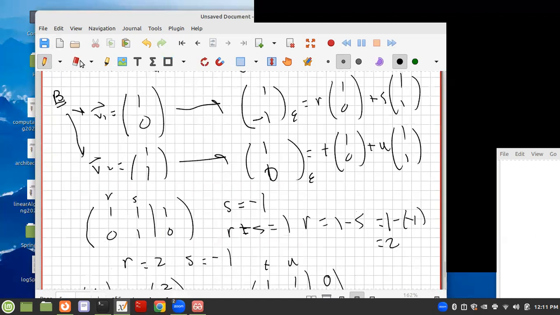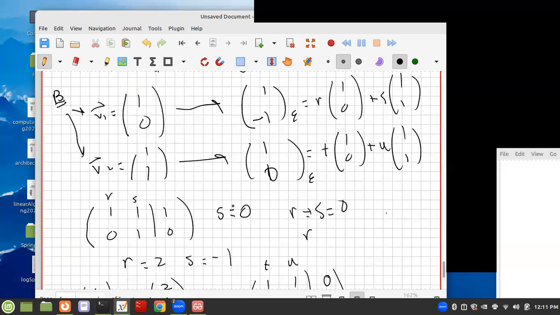Yes, and it does right away. Because you can see here that s equals 0, right? And still r plus s equals 0. So r plus s equals 1. Since s is 0, r is 1.